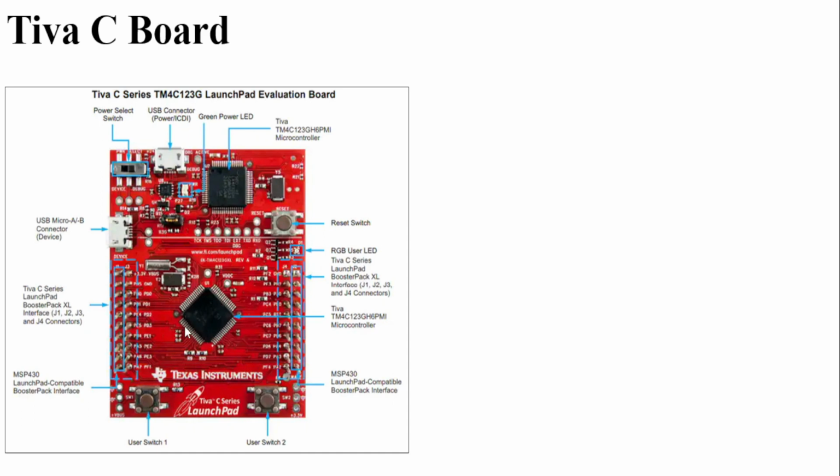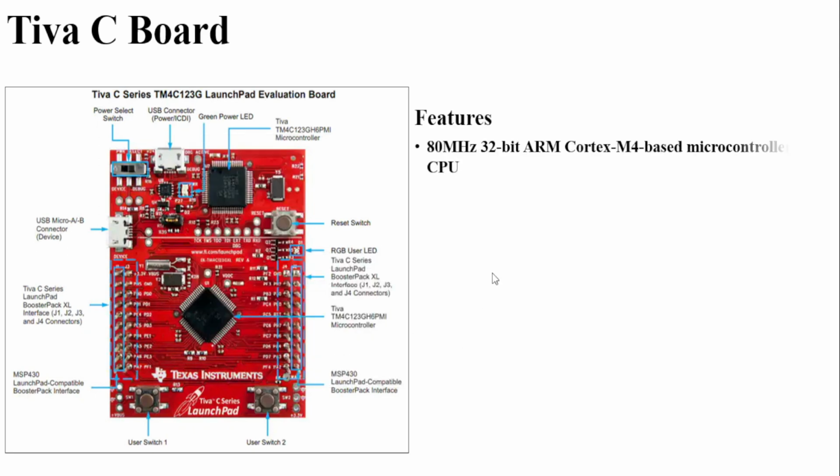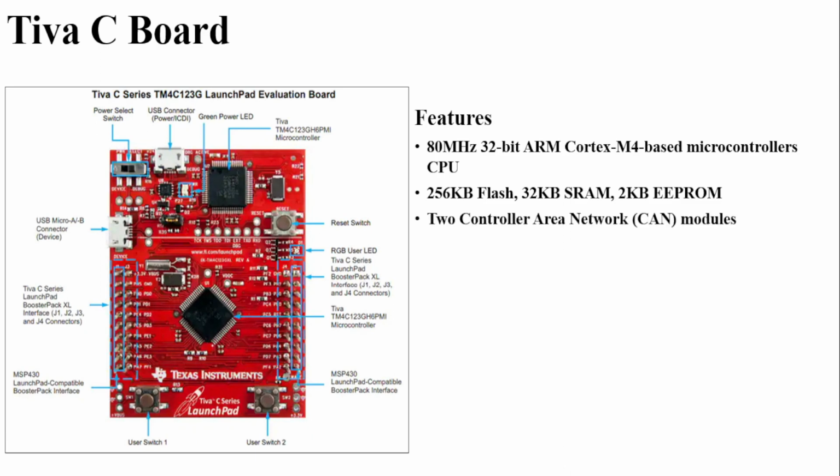TM4C123GH6PM microcontroller. Here is the microcontroller in the center, and this microcontroller comprises of 80 megahertz clock frequency, 256 kilobyte of flash, 32 kilobyte of SRAM, 2 kilobyte of EEPROM, 2 CAN network bus modules, USB 2.0.